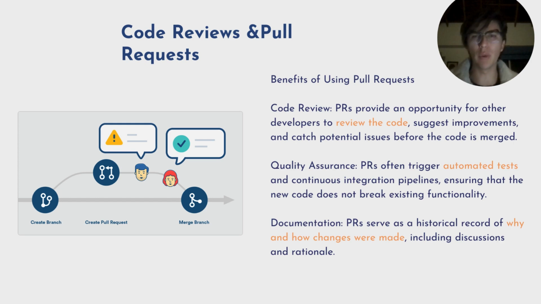Okay, so the pull request consists of code reviewing and accepting each other's commits to the main branch. This can provide an opportunity for the other developers to review the code, and this improves the quality of the code because other developers are checking if this code is functional and good for the main branch.